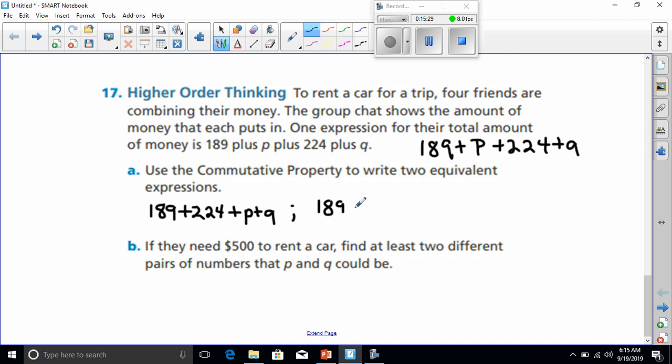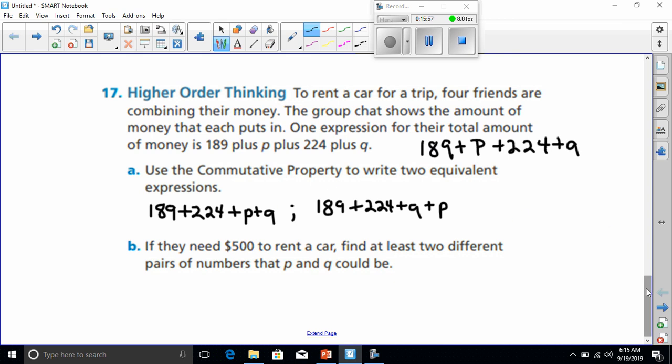I could put 189 plus 224 again, and this time I could make it Q plus P, and that would suffice. I'm sure there's other orders you could do, like Q plus P plus 189 plus 224. A number of ways you could rearrange the order.